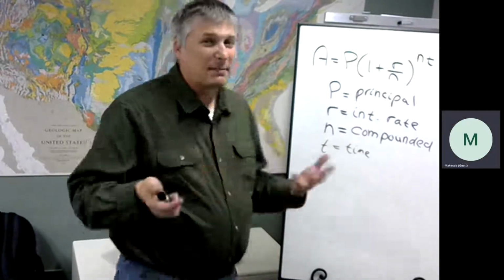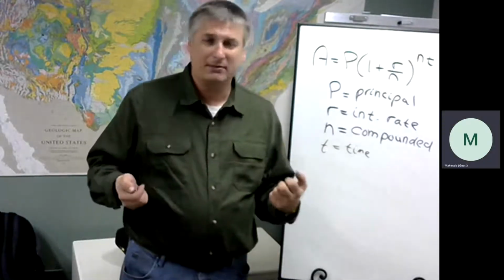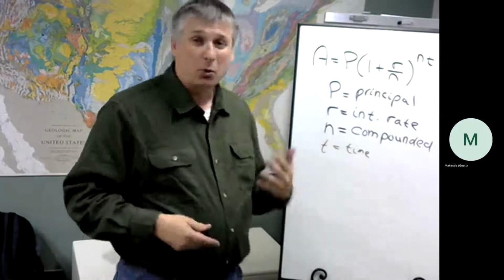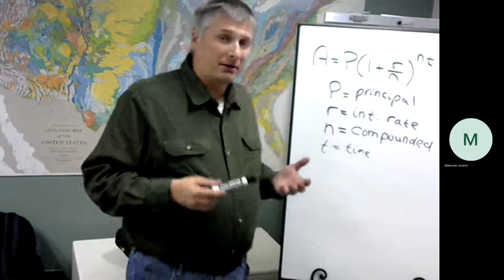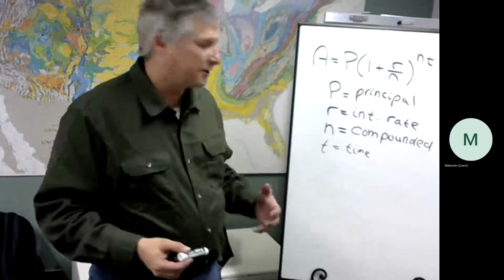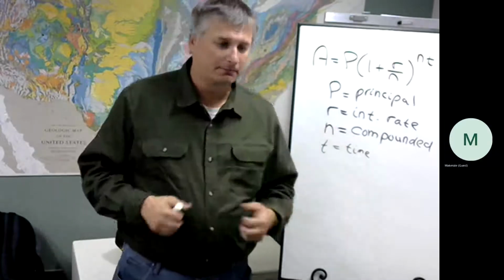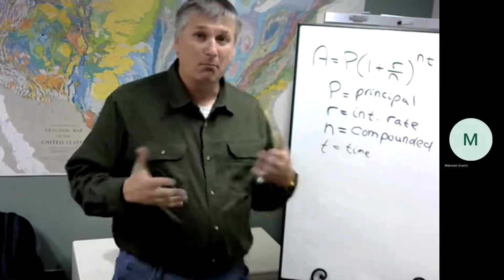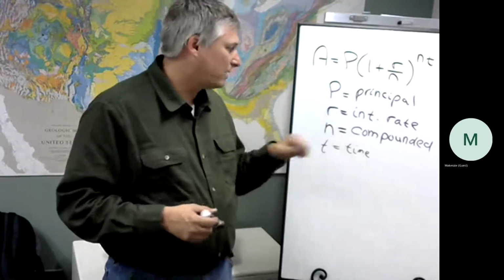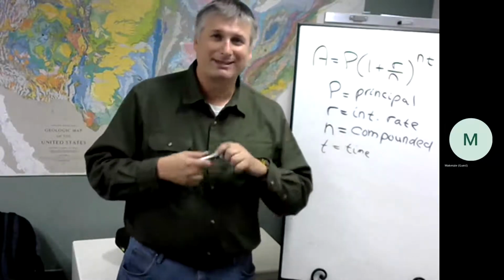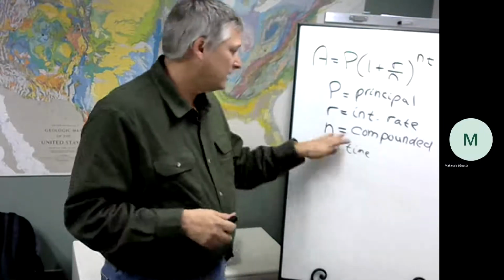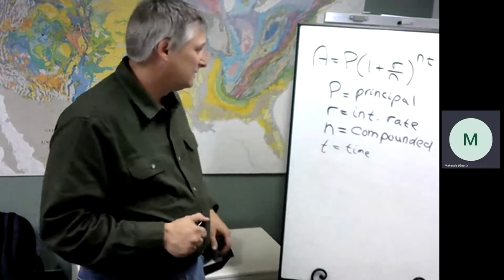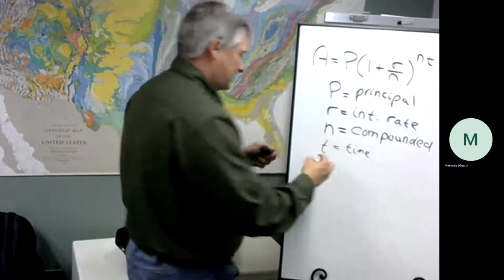So if we're compounding semi-annually, that's twice a year. N will equal 2. If you're compounding quarterly, that's 4 times a year. N is going to be 4. If you're compounding monthly, N is 12. If you're compounding daily, usually we're using the ordinary method, so N will be 360. And then of course, A is our total.